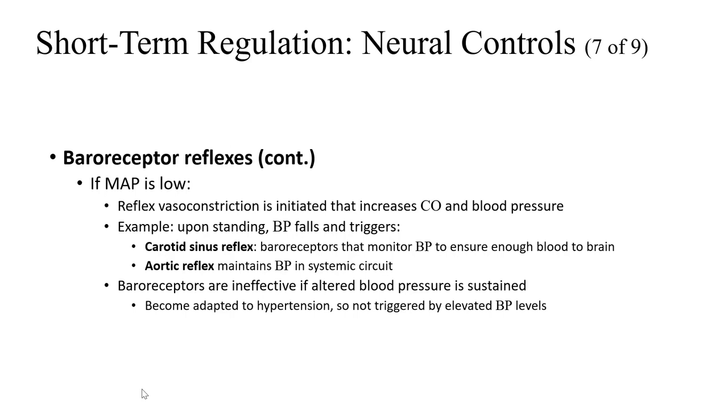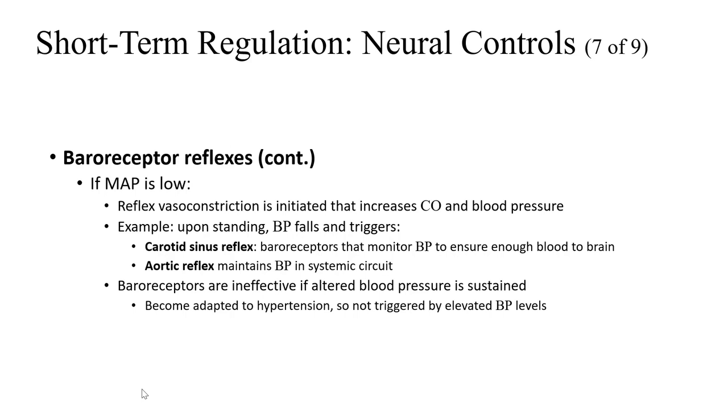For instance, upon standing, the blood pressure falls and triggers your carotid sinus reflex. Here the baroreceptors monitor the blood pressure to ensure enough blood goes to the brain. And the aortic reflex maintains blood pressure in the systemic circuits.